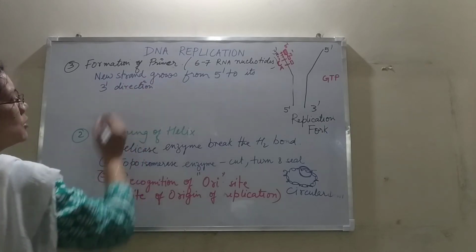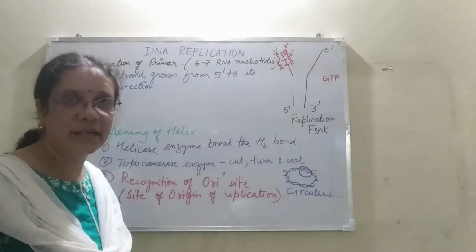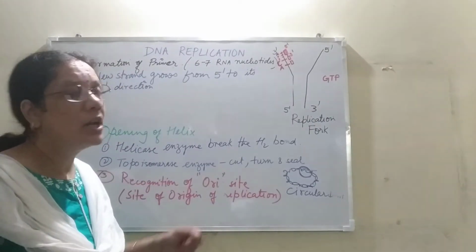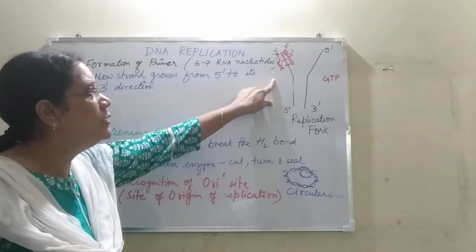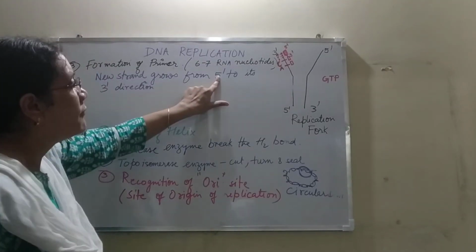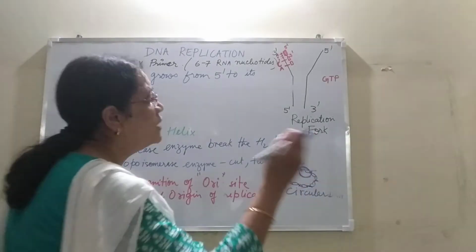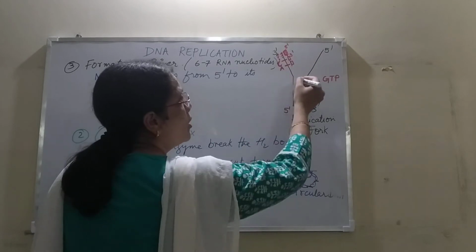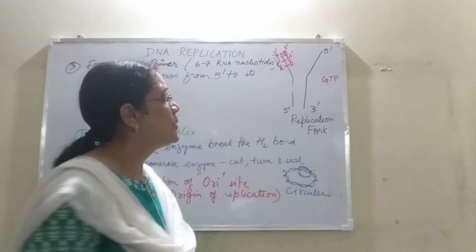This is very important. Many a times this question has been asked. What is the direction in which the new strand develops? The new strand develops from 5 prime to its 3 prime direction. That means the new nucleotides are coming and joining at the 3 prime, because the 3 prime is only having the hydroxyl group.